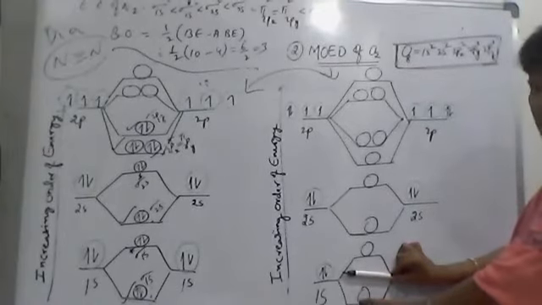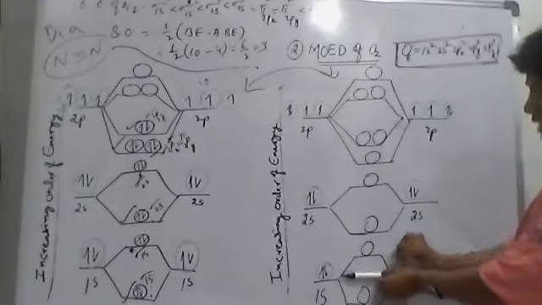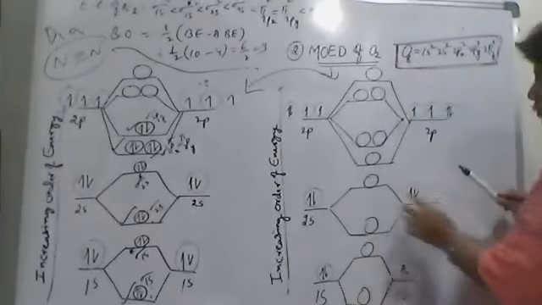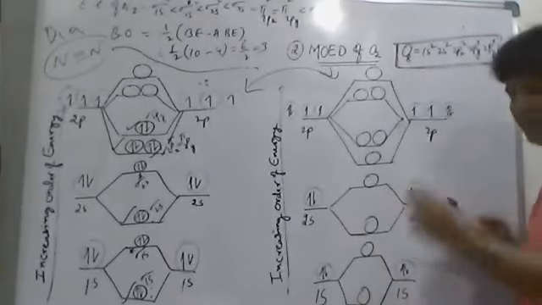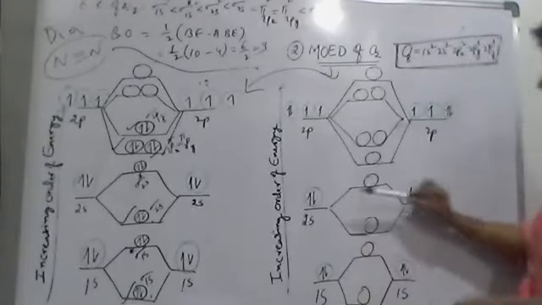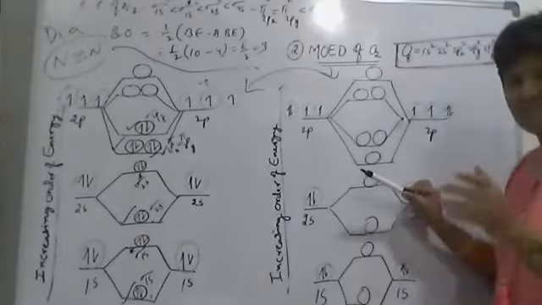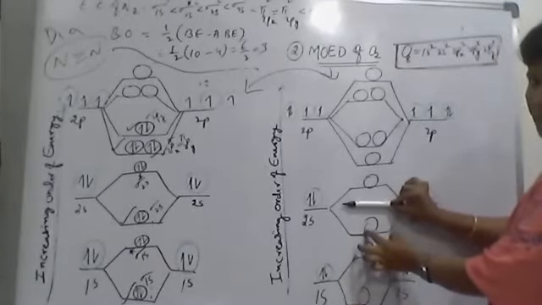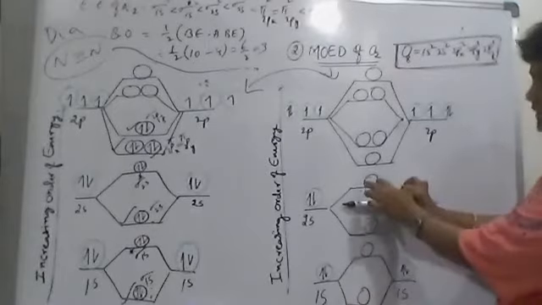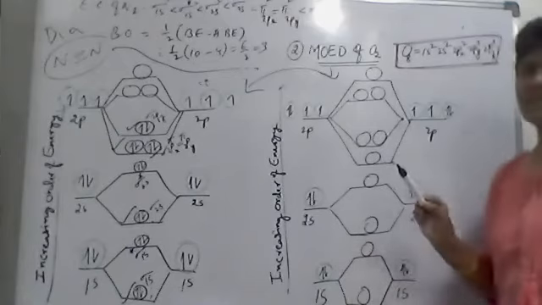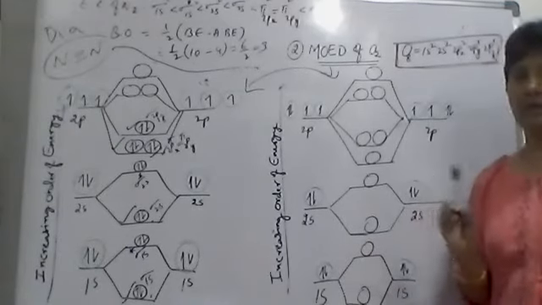The high energy ones are antibonding. See here, two 2s orbitals are combining, forming two molecular orbitals. Out of 2, half is 1. This one is lower energy than the atomic orbital, a bonding molecular orbital, and the other one is higher energy, an antibonding molecular orbital.